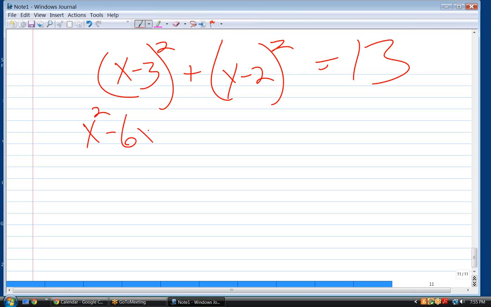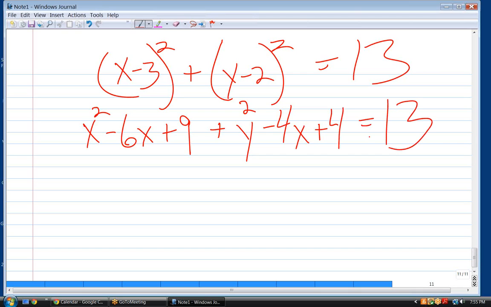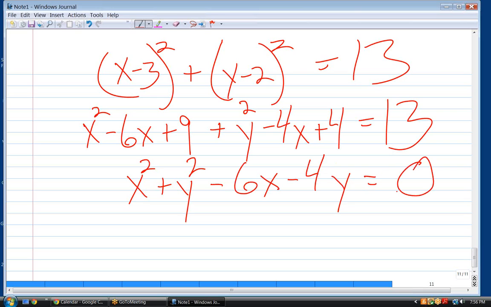Expand it. Yeah. Okay. And then combine, and you kind of want to put the x squared and the y squareds together, and the numbers, and put everything on the left.